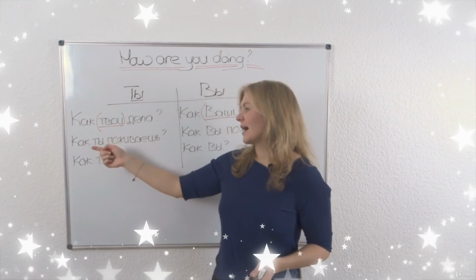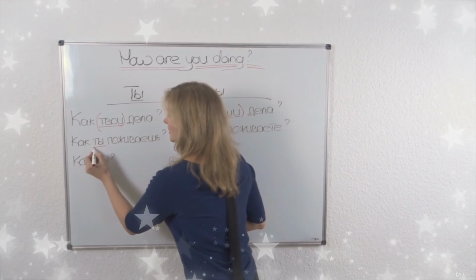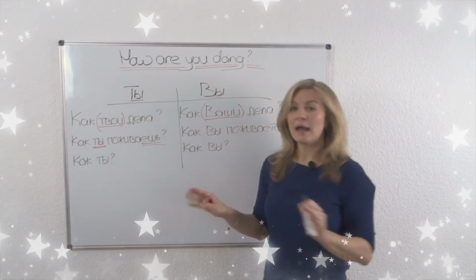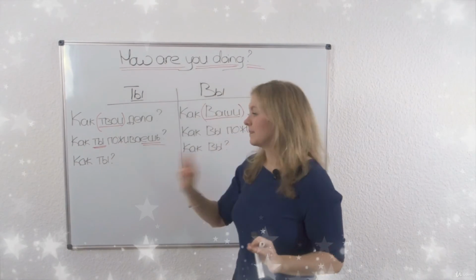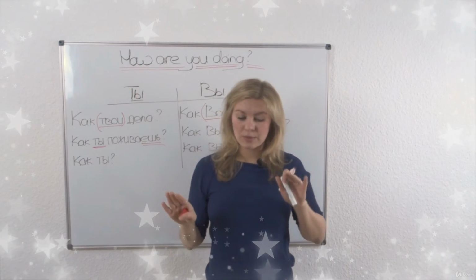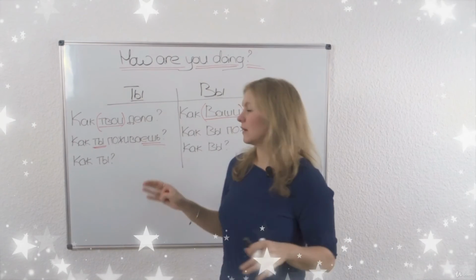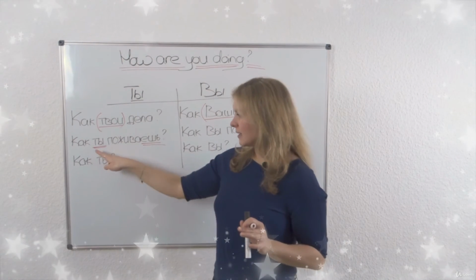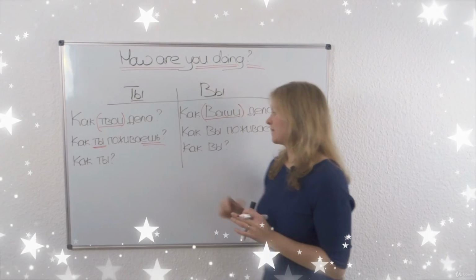Как ты поживаешь? Now just remember this. I highlighted this for you. Up to now, we will not go into details why this verb is exactly in this form. Now just remember: как ты поживаешь?